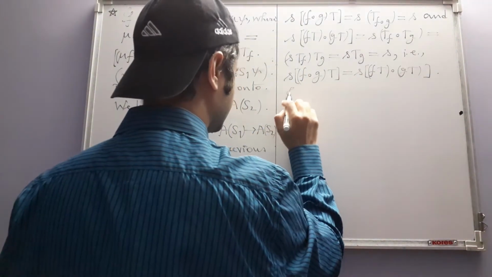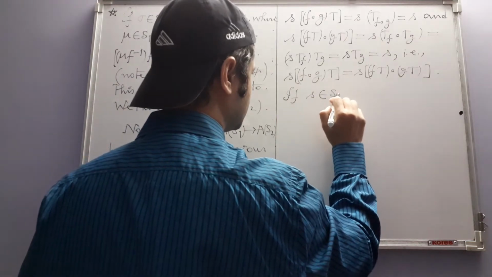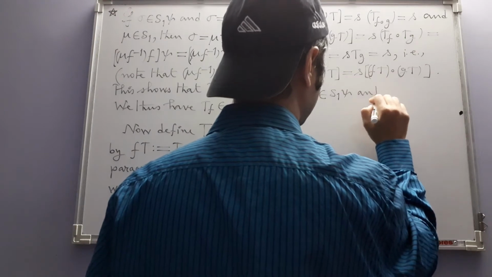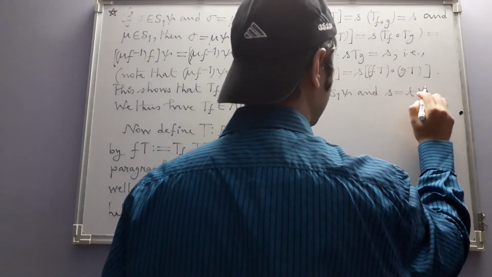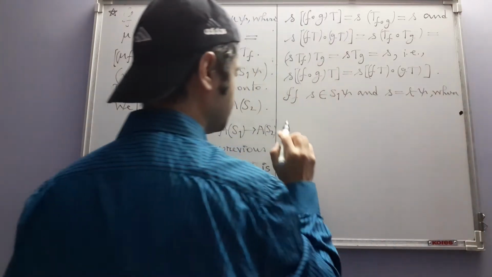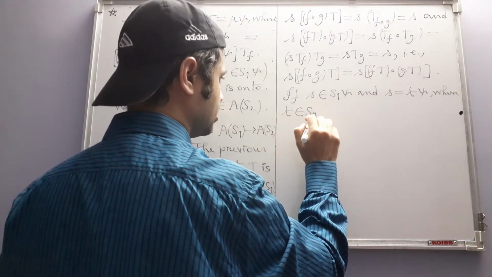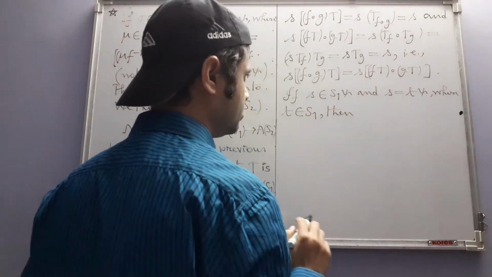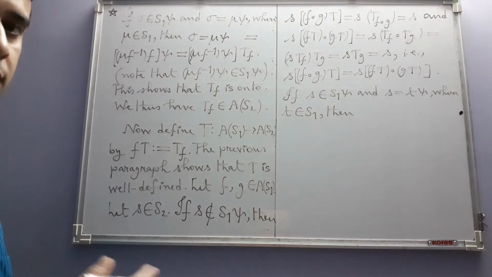On the other hand, if S belongs to S1 psi, and because of that S is equal to T psi, where T is some element in S1, then here also I think it will be safe to do the two parts separately.